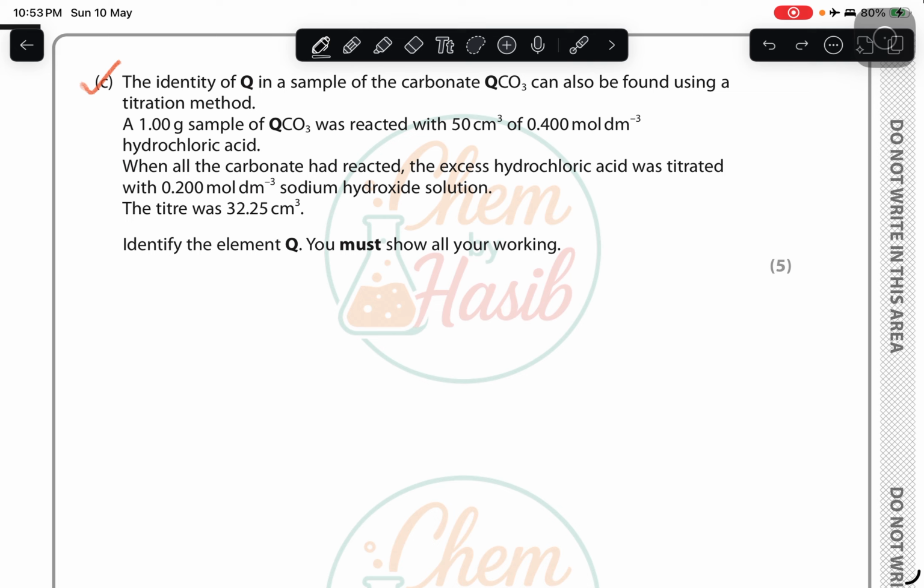So what we do is we find the moles of sodium hydroxide. Moles of sodium hydroxide will be 0.2 multiplied by 32.25 into 10 to the power minus 3. Concentration multiplied by volume. This would be equals to 0.2 into 32.25 divided by 1000 gives you 0.00645.